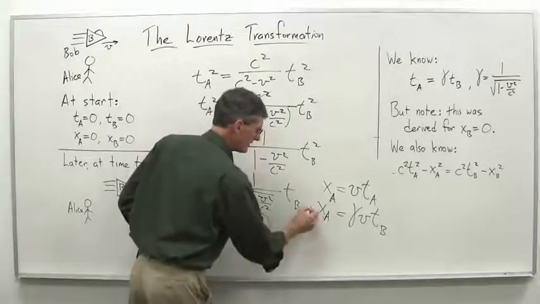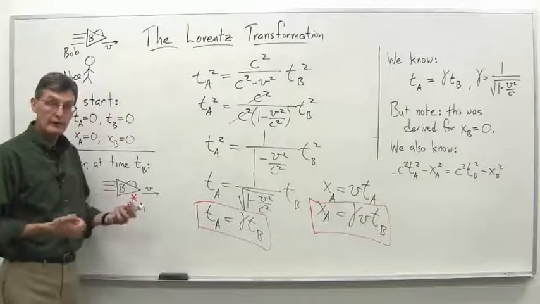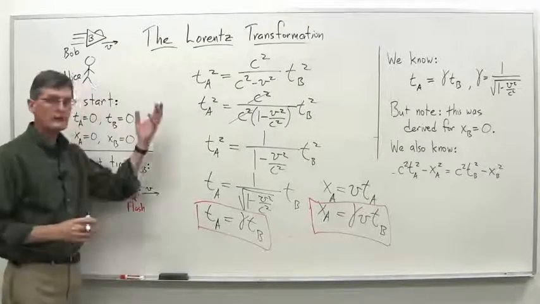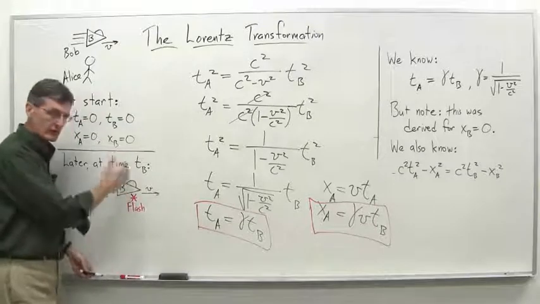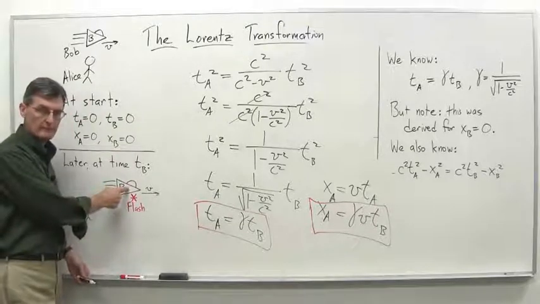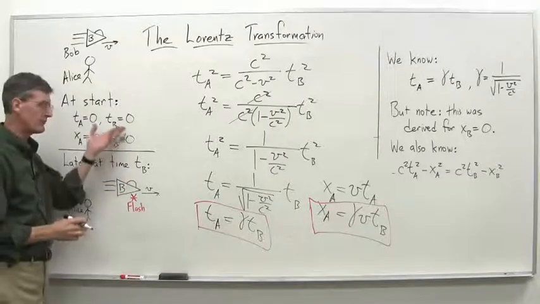So now we have our two equations, let me highlight them here. We've got that and that. That's a form of the Lorentz transformation for the case where the event is occurring at xb equals 0. Okay? And as we set up with the origins like that, which is standard procedure.